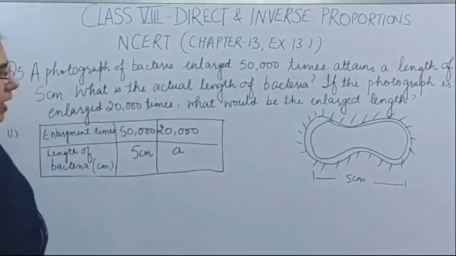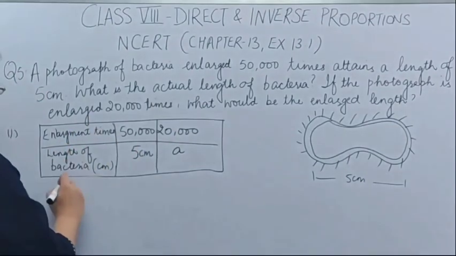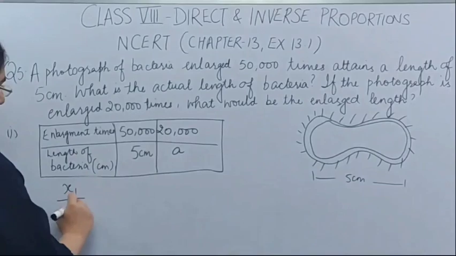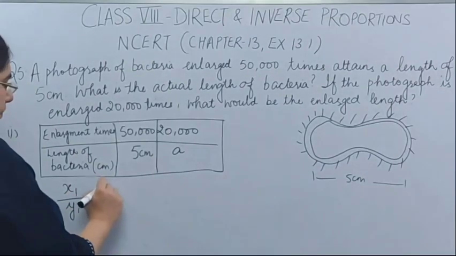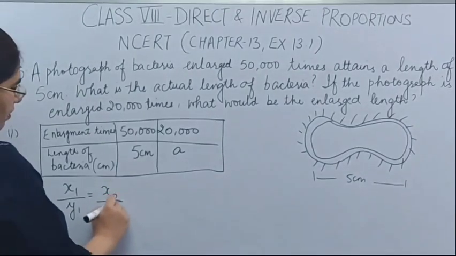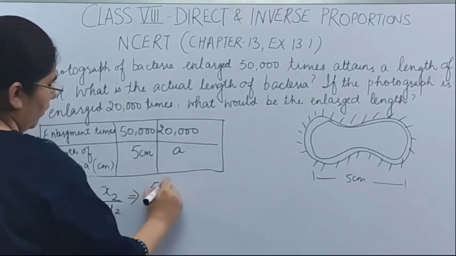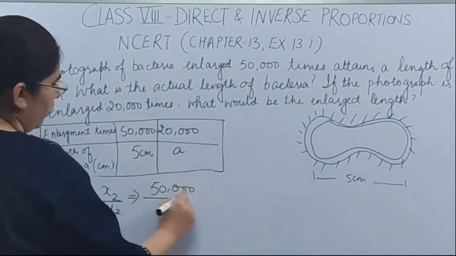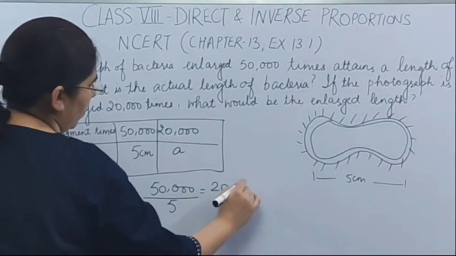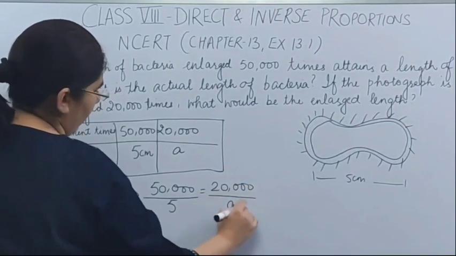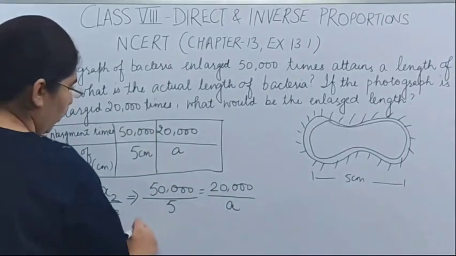So, again we let the enlarged length be A, and since the two quantities are in direct proportion, this ratio will be the same. I just have to substitute the values. So, 50,000 divided by 5 equals 20,000 divided by A. Now, how do you do it?